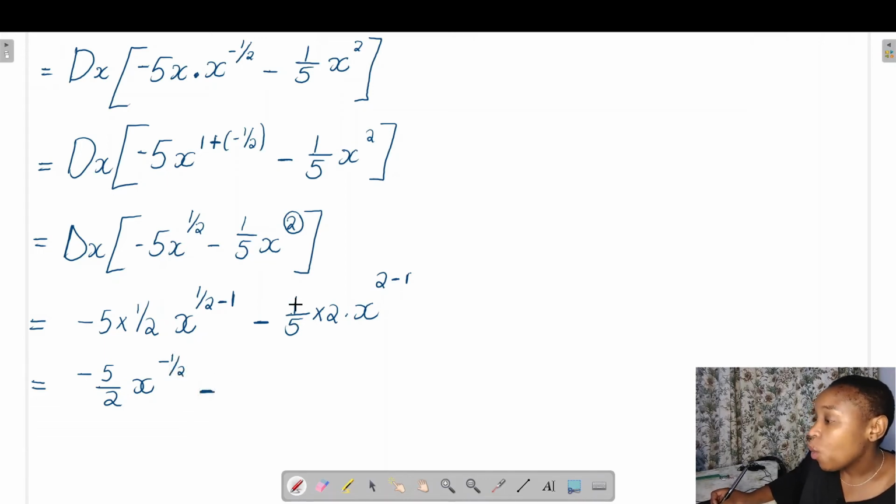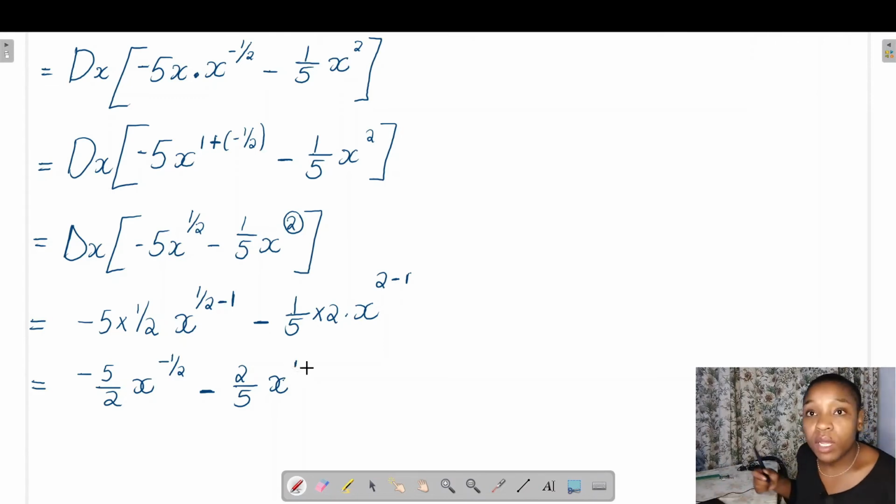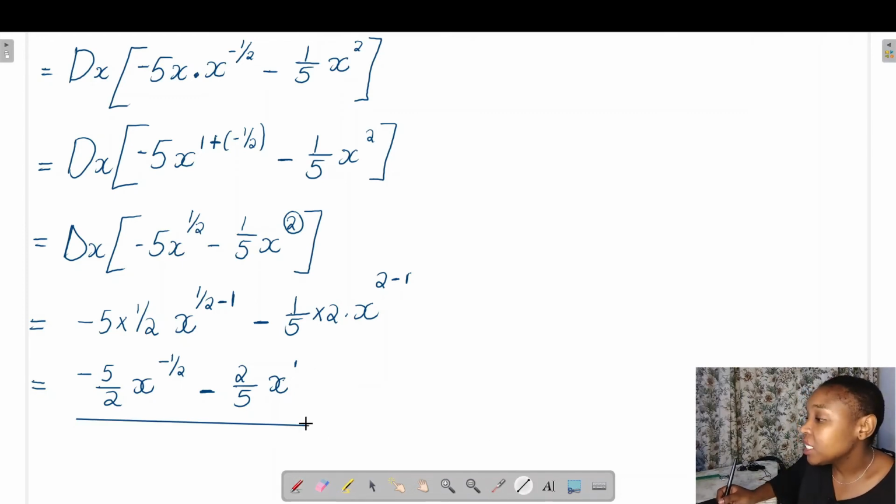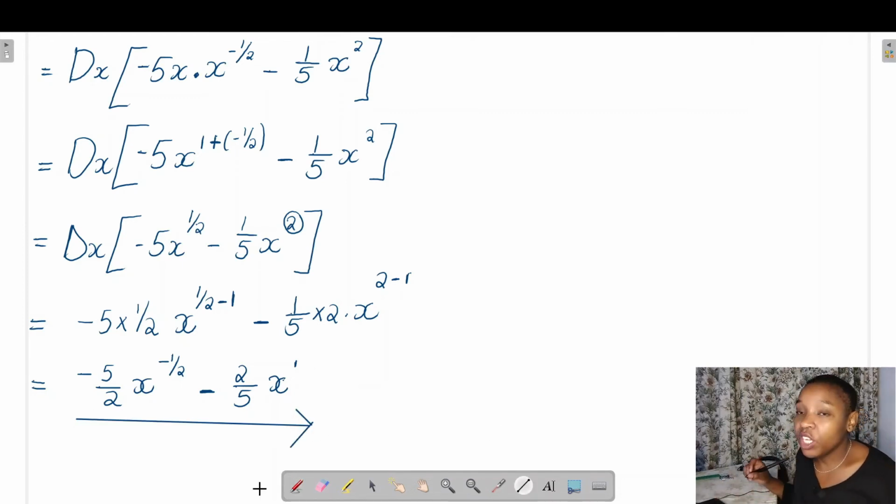Then 1 over 5 multiplied by 2 is 2 over 5, times x, and 2 minus 1 is 1. So you can just leave it like that. You can put 1 there if that makes you feel comfortable. And then we have differentiated this using our rules of differentiation.